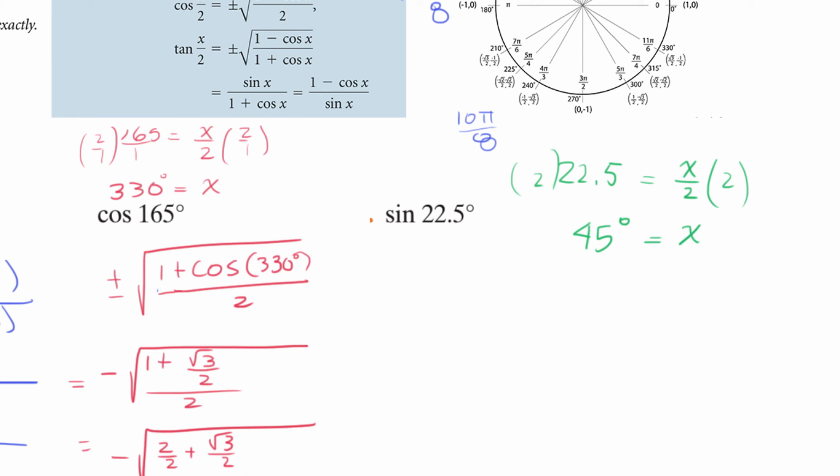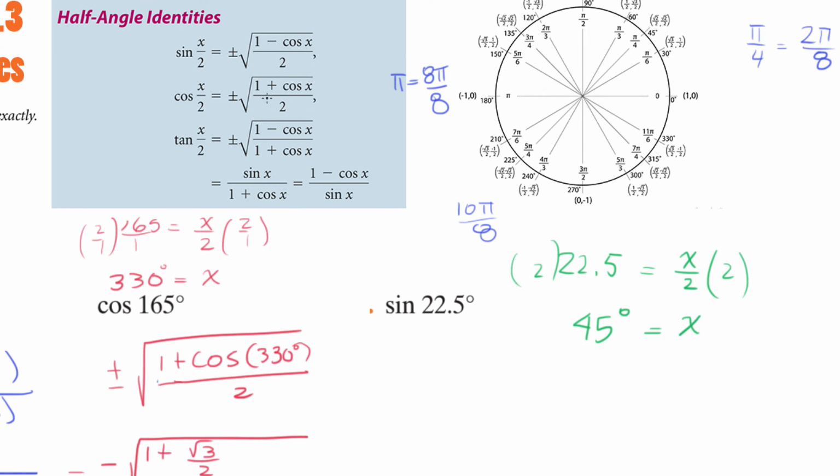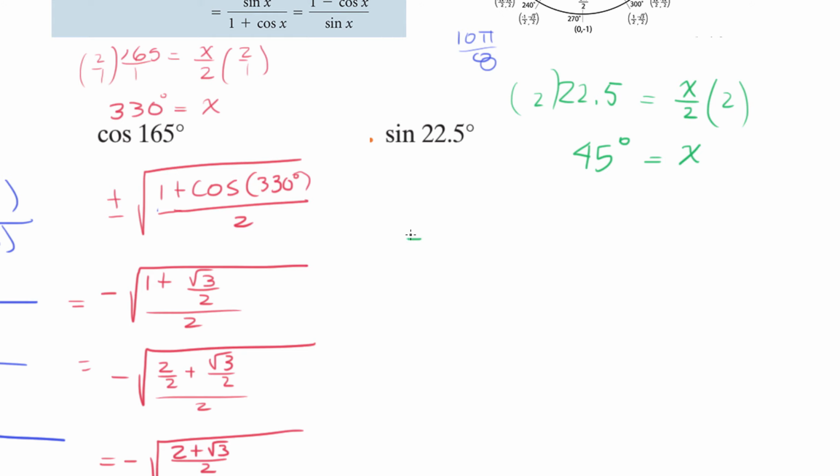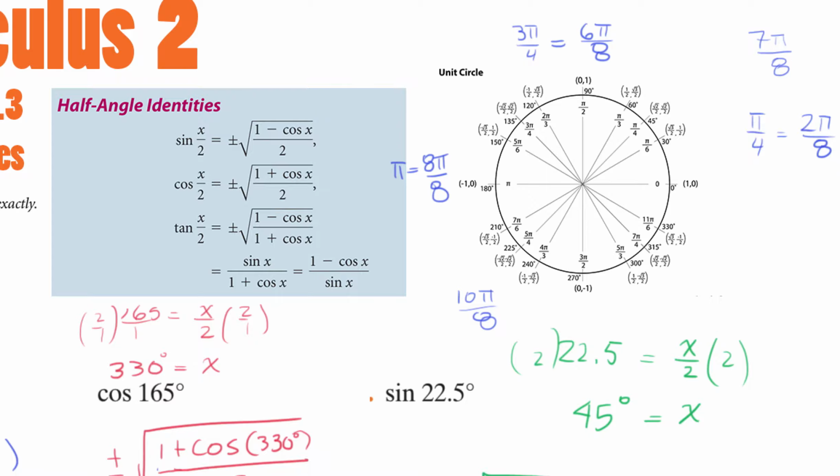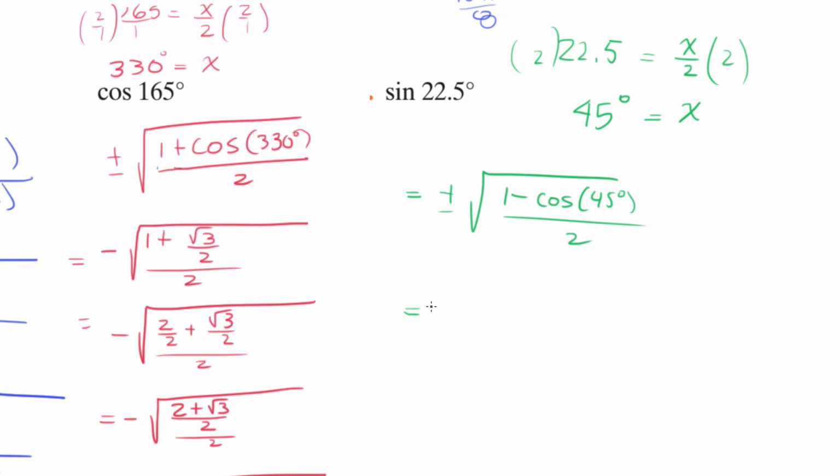So for sine, look at the identity. It's plus or minus radical of 1 minus cosine of x over 2. So this becomes plus or minus radical of 1 minus cosine of 45 degrees over 2. Notice that 22.5 is in between 0 and 90, so it's in the first quadrant, so this is positive.